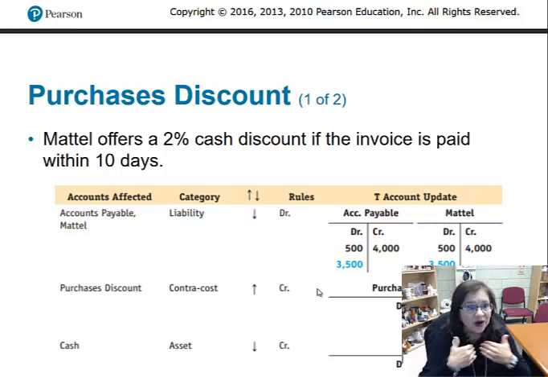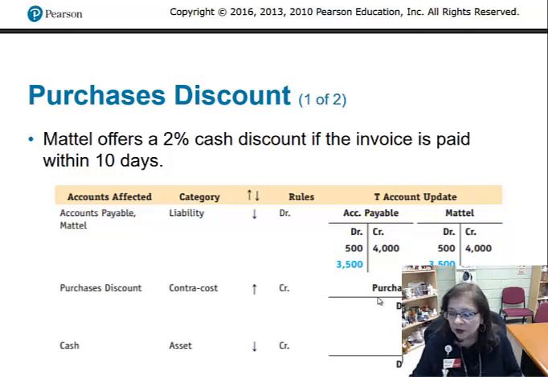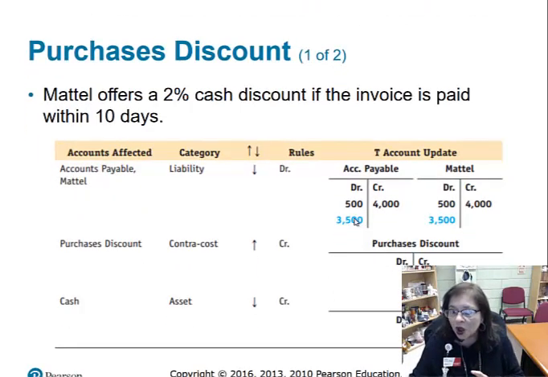So how we take it off our books is we still debit our accounts payable by $3,500, the entire amount, because we're paying and they're giving us a discount. So 2% off of the $3,500 that we owe is $70. So all we're going to credit cash for is $3,430 instead of the $3,500.